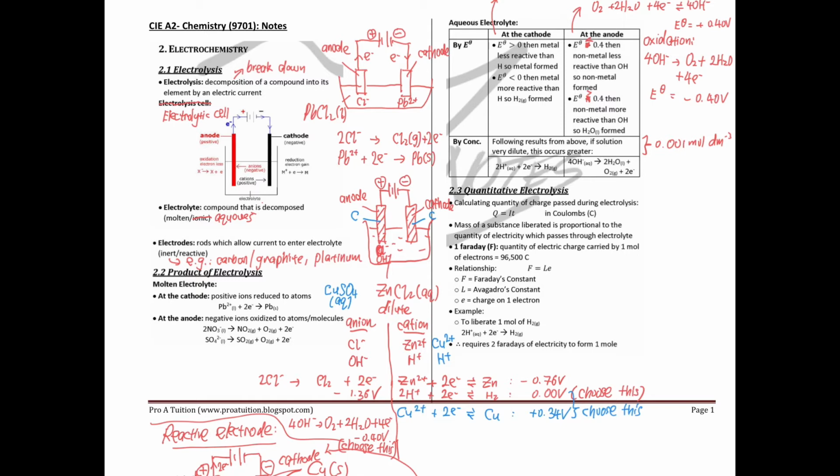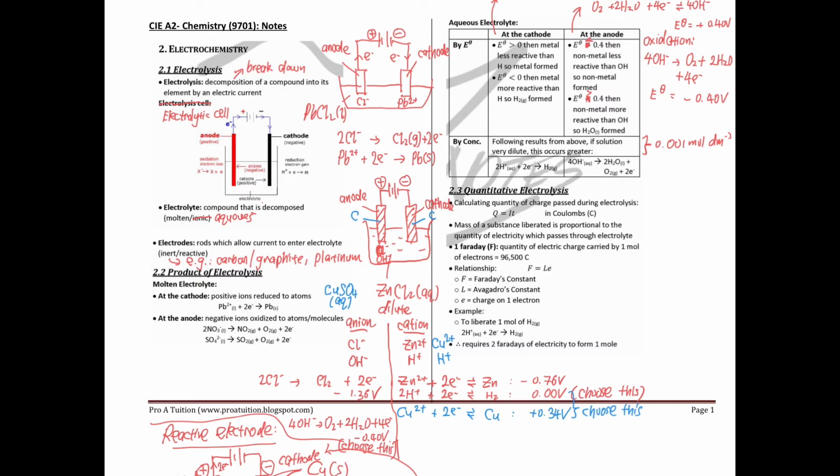So in that case, the note says you just choose the ions from water to form element. From water we have H plus, forming element. From water we have hydroxide, so we choose hydroxide to form products. So if they are very dilute, you just choose the ions from water to form product. That is what the note is talking about.